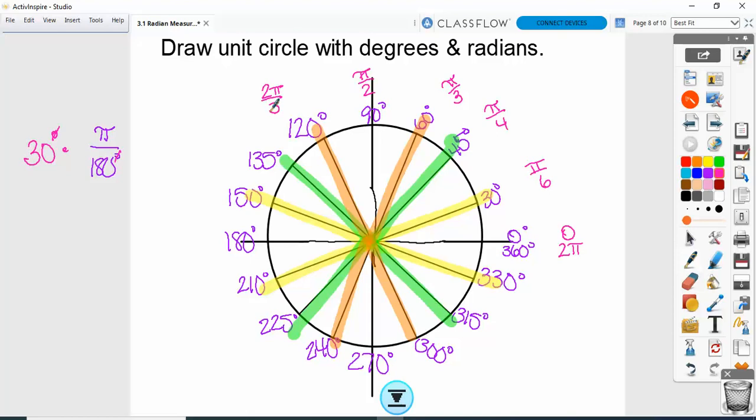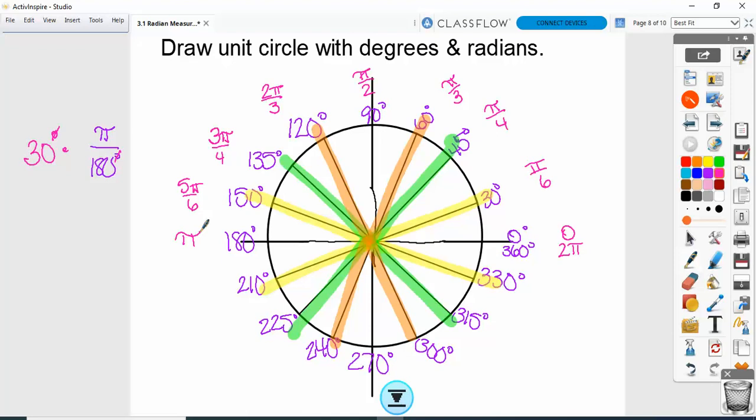What do we get? 150. 180. That's just one pi. All right, let's divvy it up. We all know how we're getting these, right?